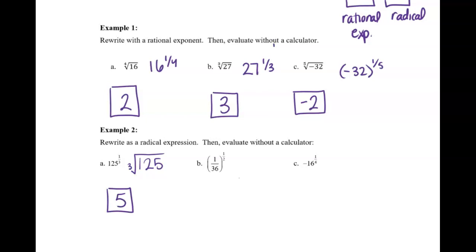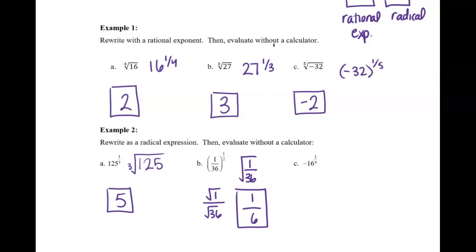Next, (1/36) to the 1/2 is the same as the square root of 1 over 36. If you know it from here, great. Otherwise, you can rewrite this as the square root of 1 over the square root of 36. The square root of 1 is 1. The square root of 36 is 6. So we have 1/6. And again, keep in mind, this is true because 1/6 squared is 1 over 36. You can always do that to check your work.